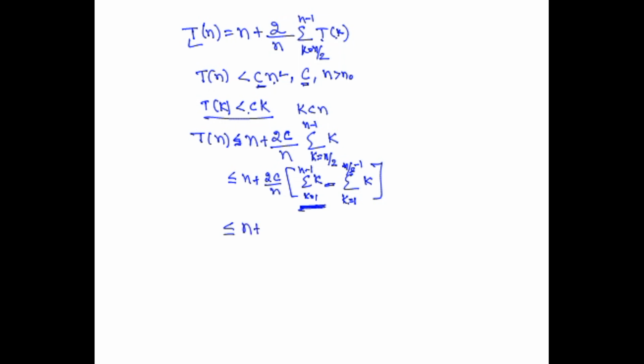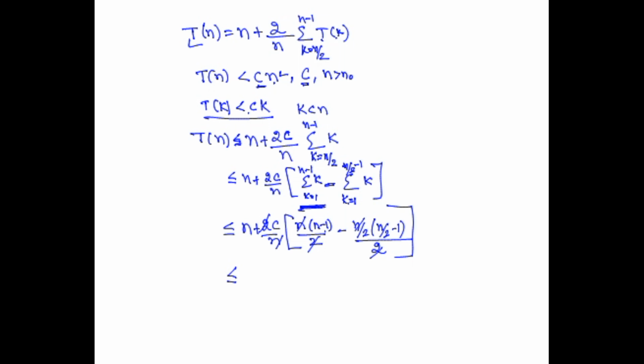So this is n plus 2c by n times the sum, which will be n minus 1 into n divided by 2, minus n by 2 into n by 2 minus 1 divided by 2. So first we cancel these 2's, and we also cancel this n, and instead of n minus 1 we approximate to n, and instead of n by 2 minus 1 we approximate to n by 2.